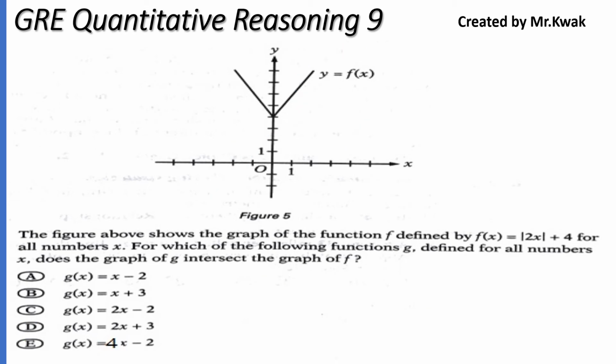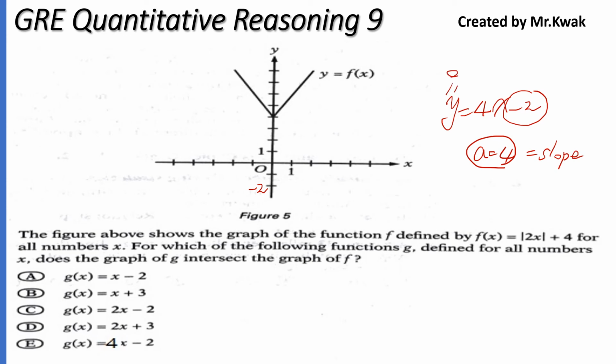Then what about choice E, guys? Let's draw choice E. y equals 4x minus 2. The y-intercept could be minus 2 because of this part. Slope could be 4. And then if we put 0 for y, in that case 4x equals 2, x equals 0.5.